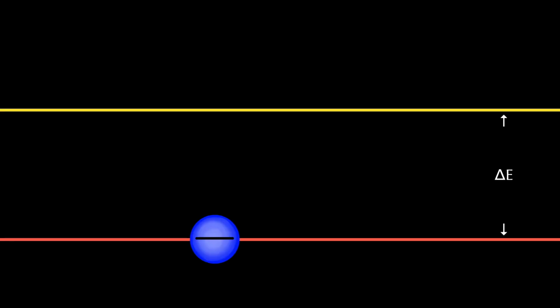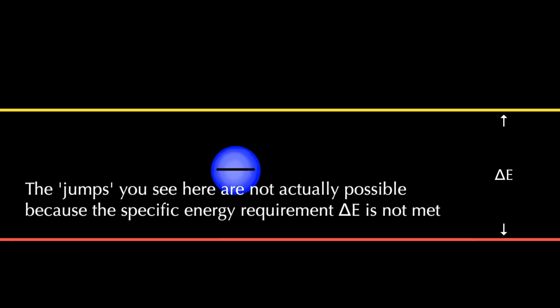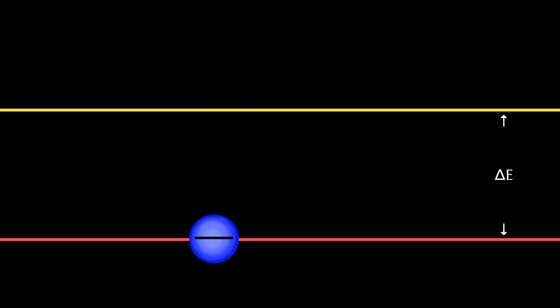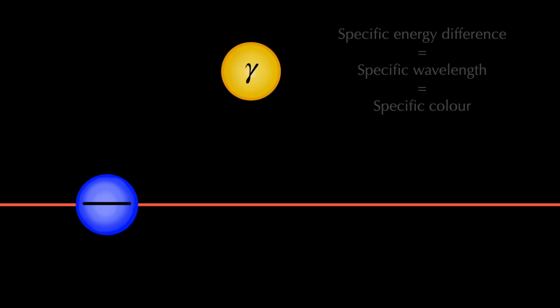When a photon strikes an electron, it must transfer exactly the right amount of energy for the electron to jump to the next shell. If there is too little energy or too much, even by a slight amount, there will be no jump. It's like paying for lunch, except if you pay too much you get no change and no lunch.